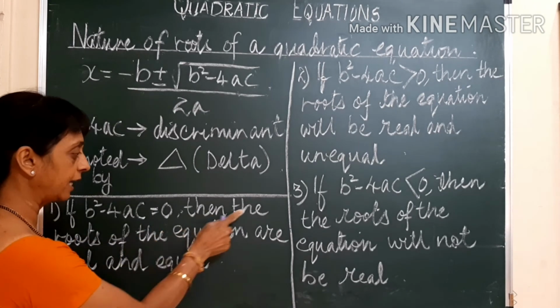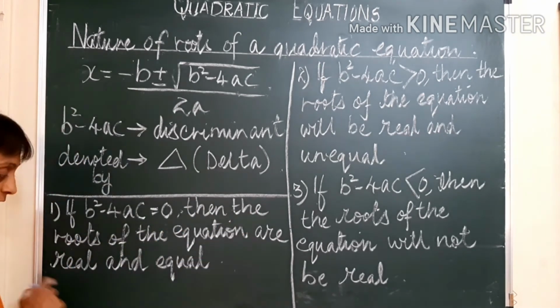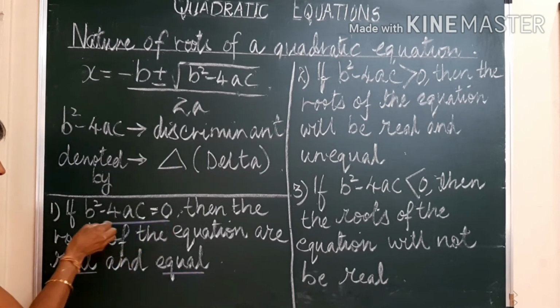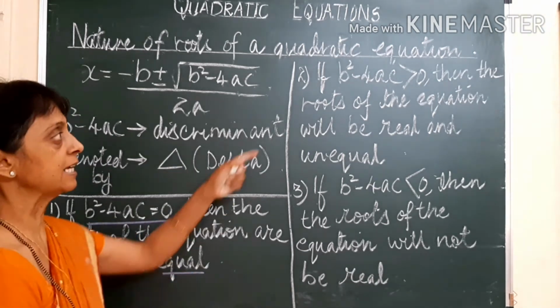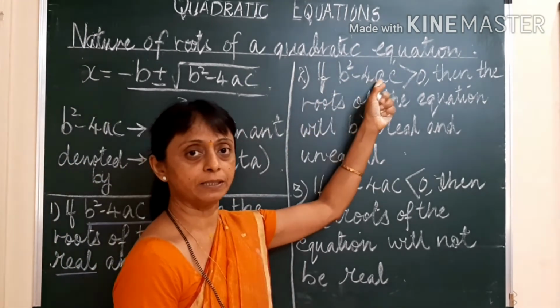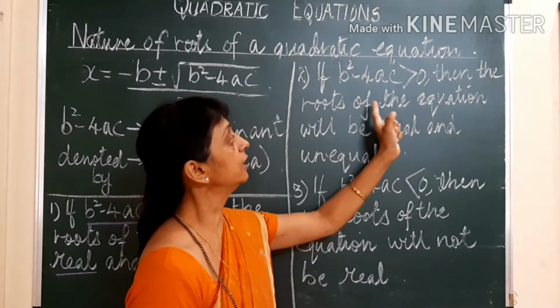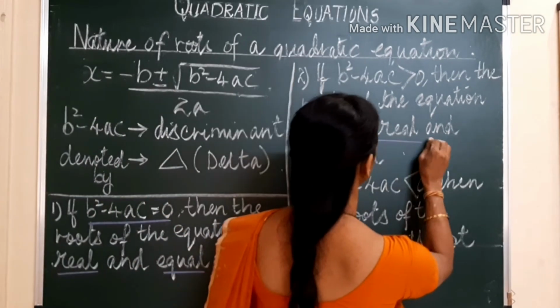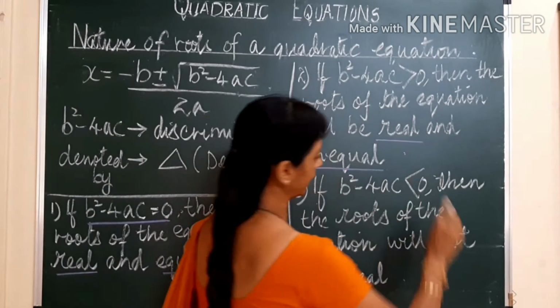So once again I repeat, if the value of the discriminant, that means the value of delta, is 0, then the nature of the roots of the equation will be real and equal. In the second case, if the value of the discriminant is positive, then the roots will be real and unequal.